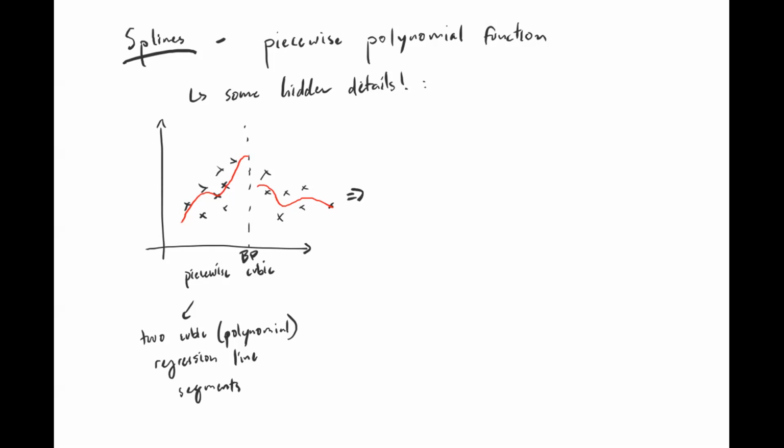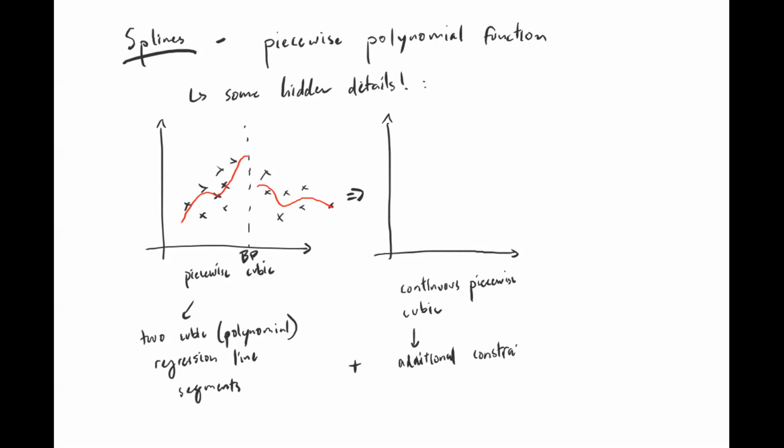So we can improve this. We can create a continuous piecewise cubic function. This is the same thing plus additional constraints that the lines touch.